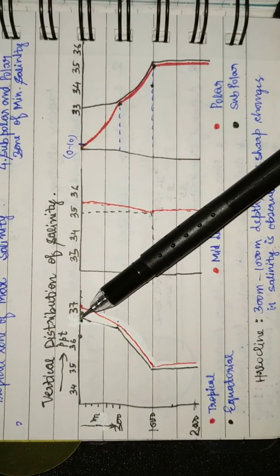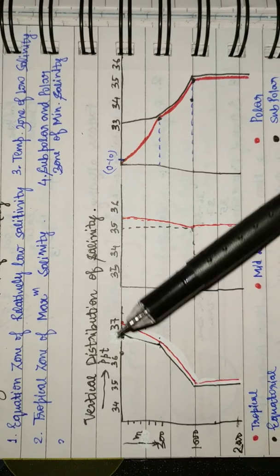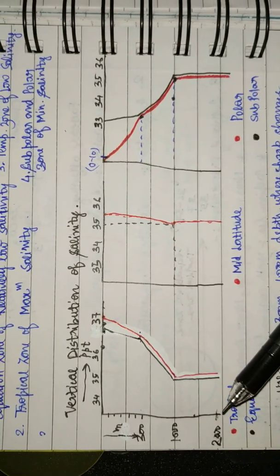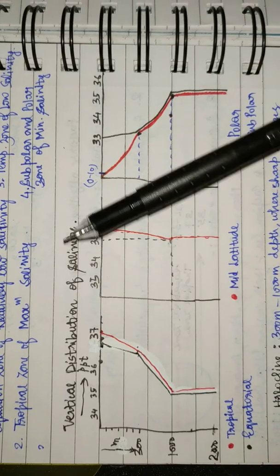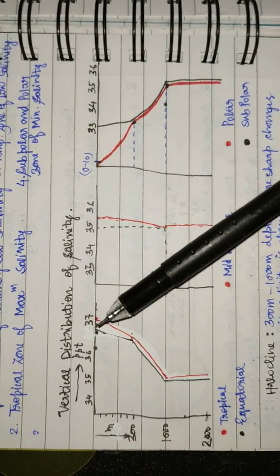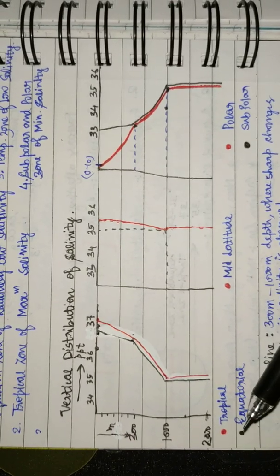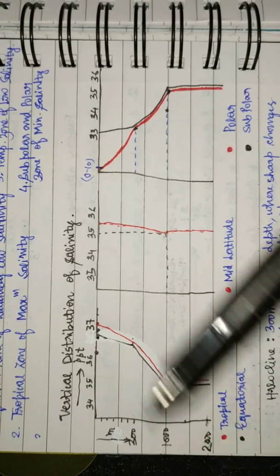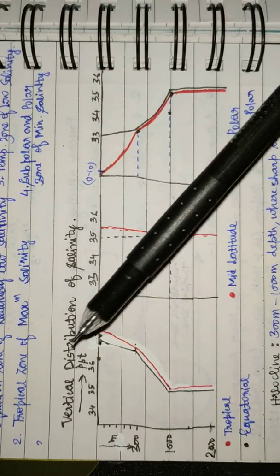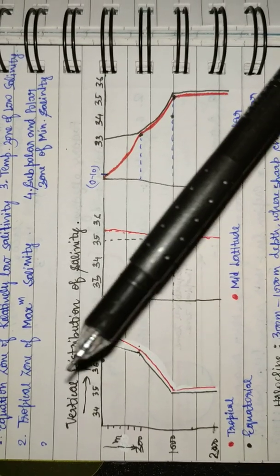First of all, since we know the equatorial region has a lesser surface salinity as compared to the tropical region, and I've already discussed why that is so. Now the question comes, in the tropical and the equatorial region, as we go down, the salinity decreases.